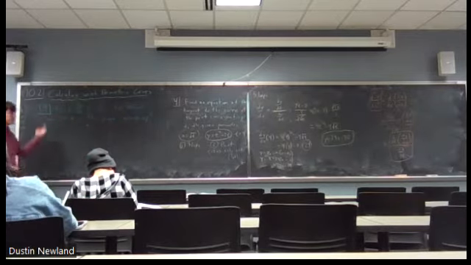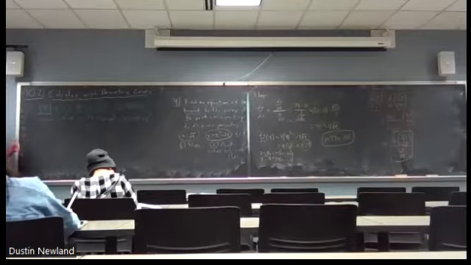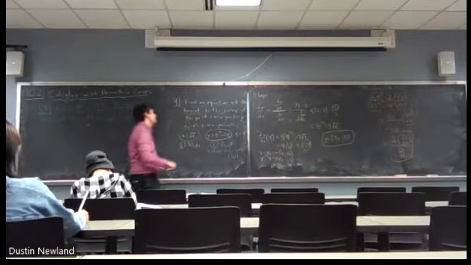Okay, so we want to find the first and second derivative, and then we just need to answer the question: for which values of t is the graph concave upwards? Okay, when it's kind of up like that.